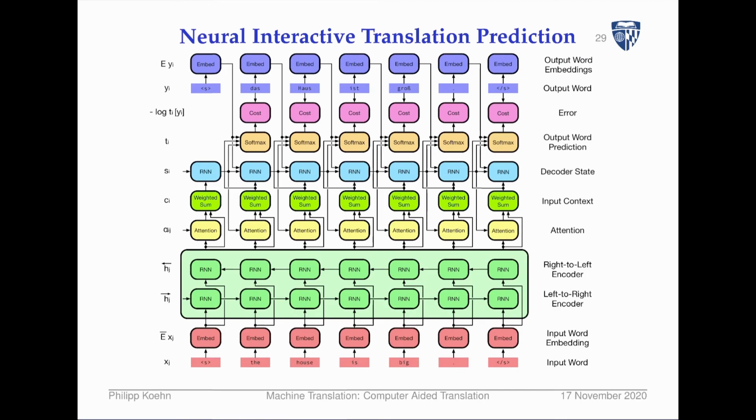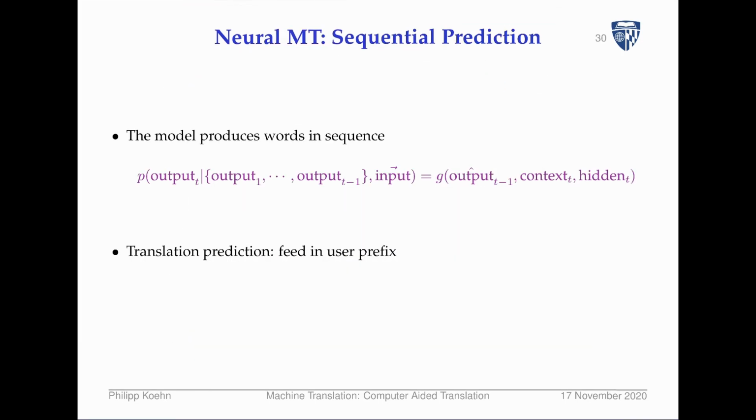Okay, before we get into user studies, first let's look at how things changed with neural machine translation. So if we do what we just did, this interactive translation prediction, but now with neural magic, how does this look in a neural machine translation model? What a neural machine translation model does is take a sequence of already produced output words and the input vector over words and produce the next output word.